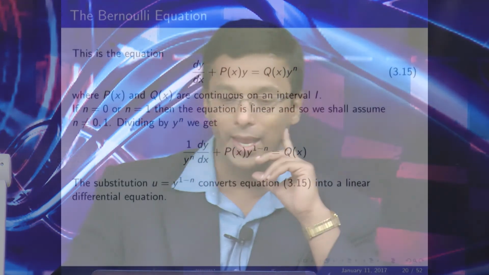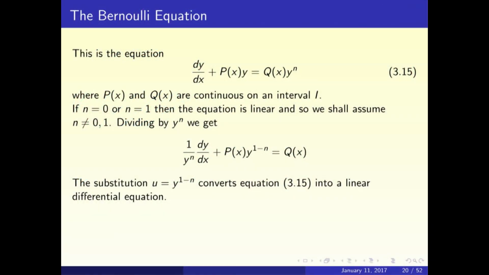So to carry the discussion further, let us assume that n is different from 0 and 1, and divide by y to the power n and write 1 upon y to the power n dy by dx plus p(x) y to the power 1 minus n equals q(x).